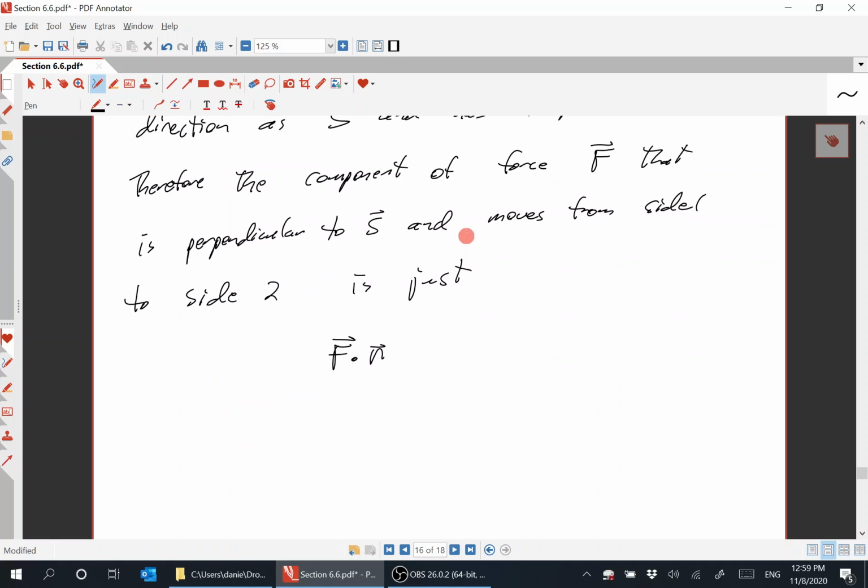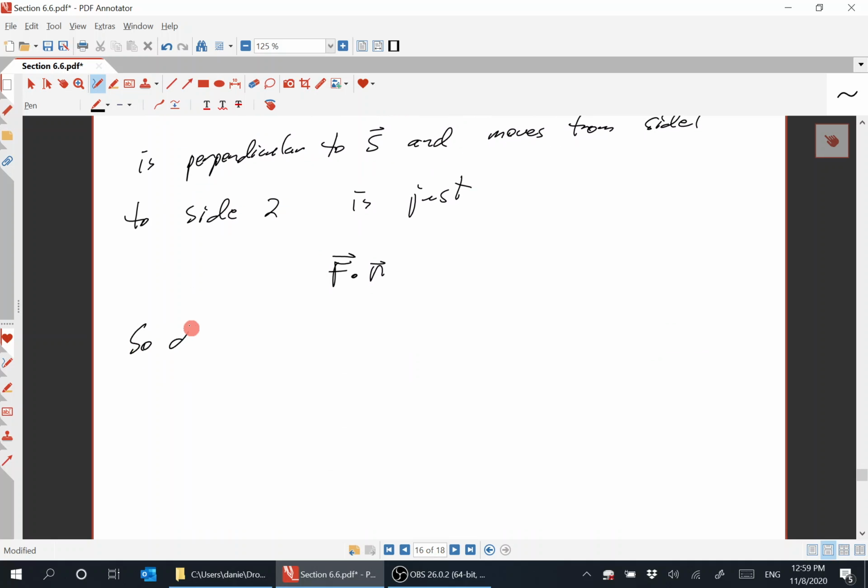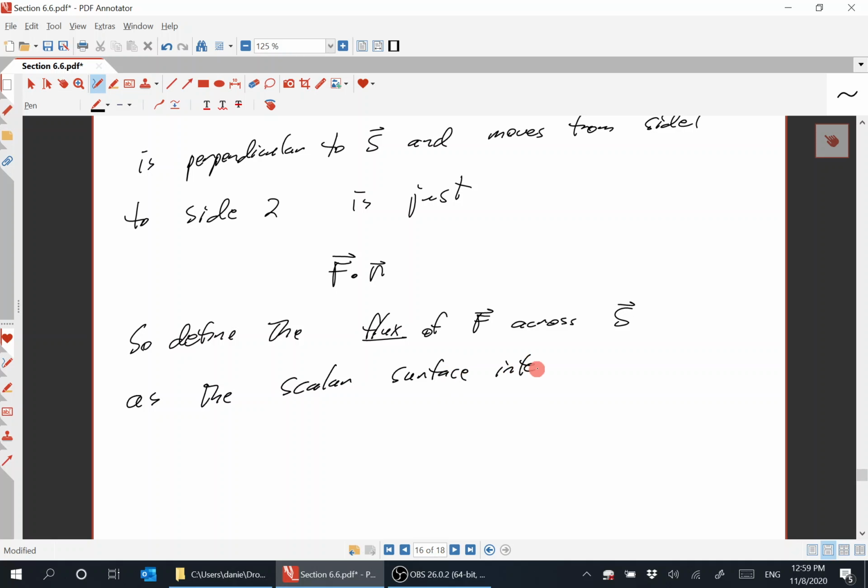So we define the flux of F across the oriented surface S as the scalar surface integral, double integral over S, so now it's not oriented anymore, of F dot n dS.